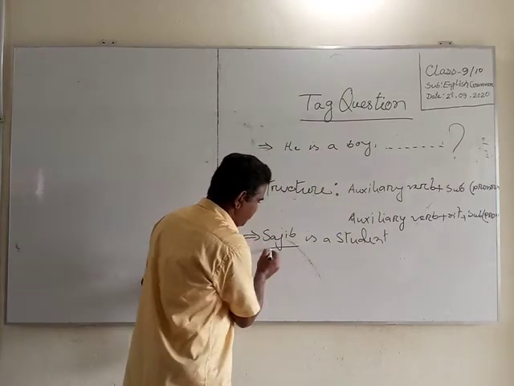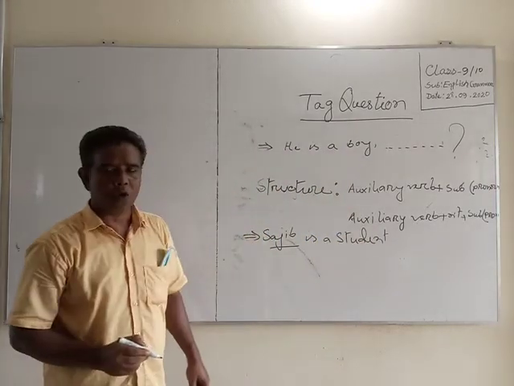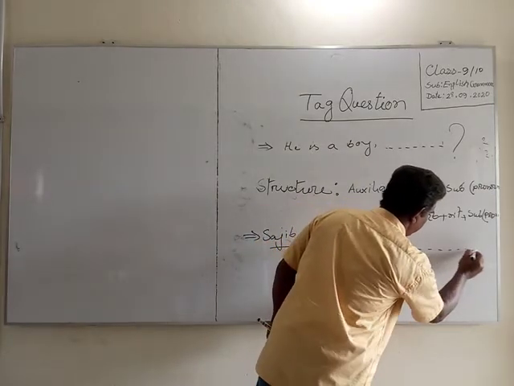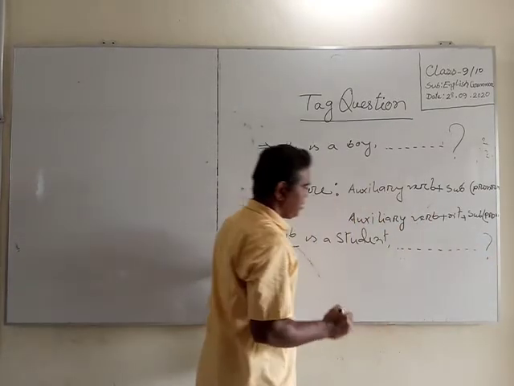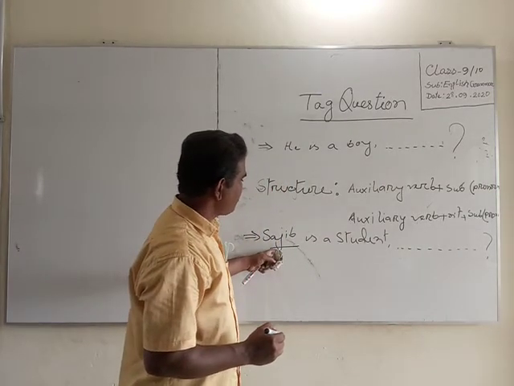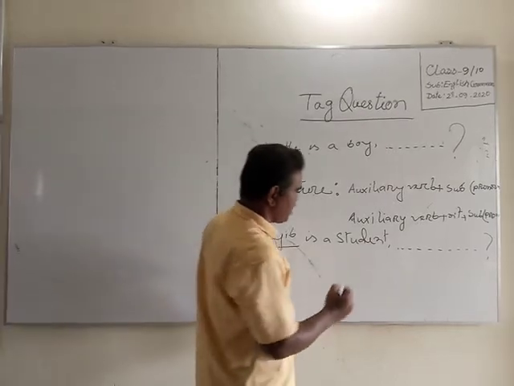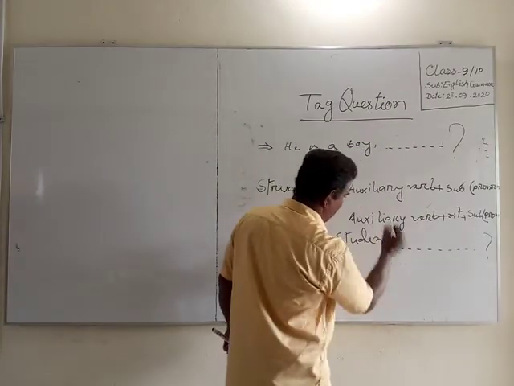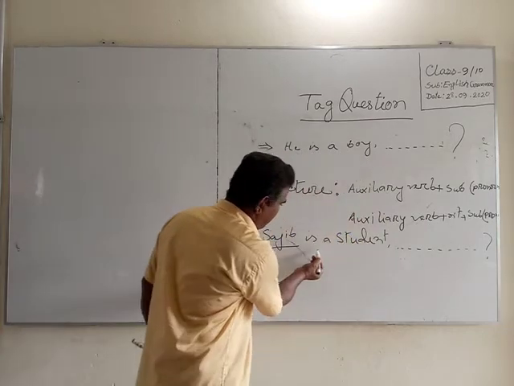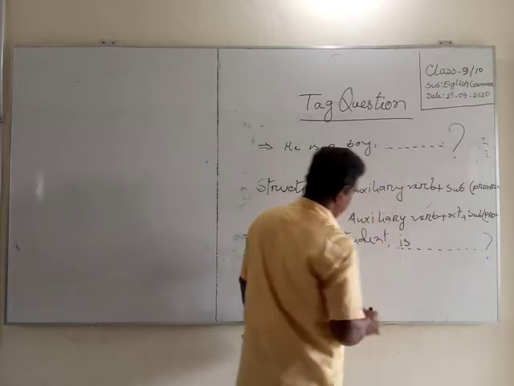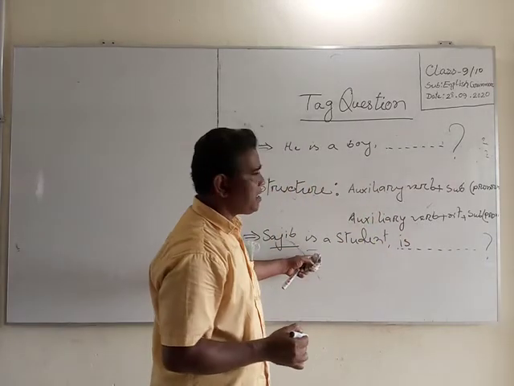Here, Shojib is a noun, but when you answer the question, you have to write the pronoun of the noun Shojib. Here, the auxiliary verb is 'is', and the statement is affirmative.